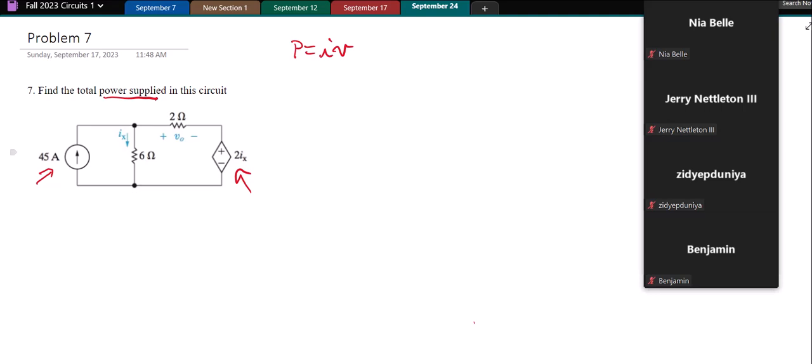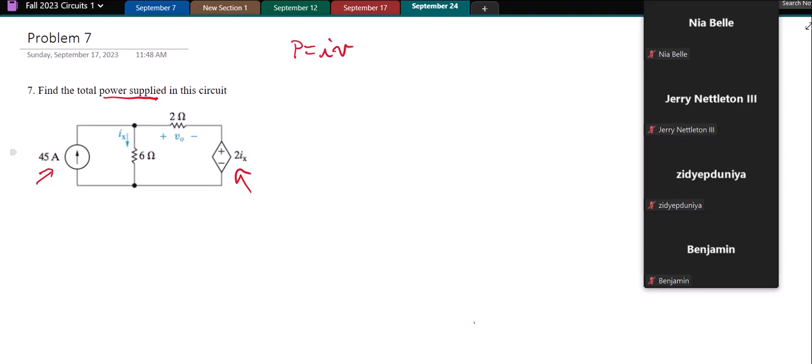So let me think for a second what we would want to do. We're obviously going to be using some KVL or some KCL somewhere. Let's start with, again, there's always multiple ways of doing things.